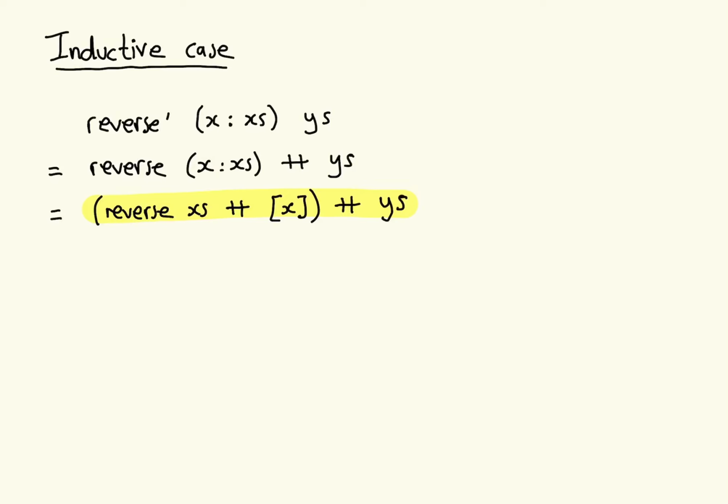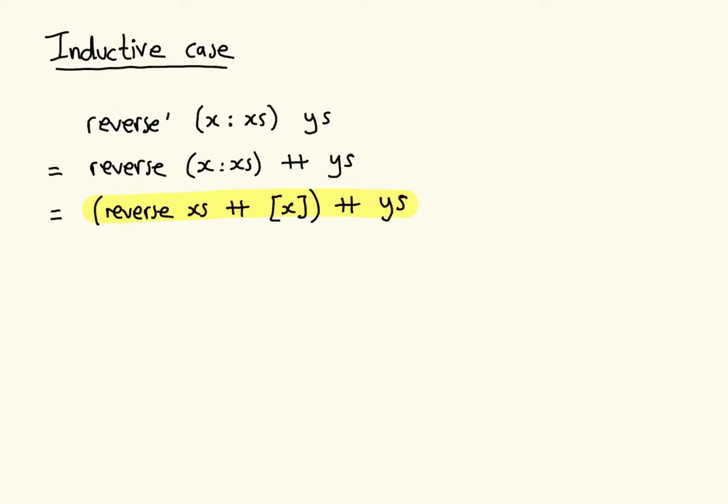And actually, this is one of these points where there's a bit of style advice, or some hints and tips. When you have repeated use of append and it's bracketed one way, in this case to the left, we have two appends bracketed to the left, it's almost always a good idea when you're doing these kind of equational reasoning calculations to re-bracket it by exploiting the fact that append is associative.